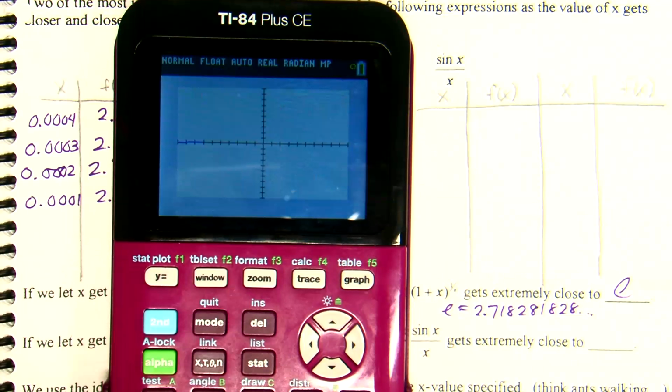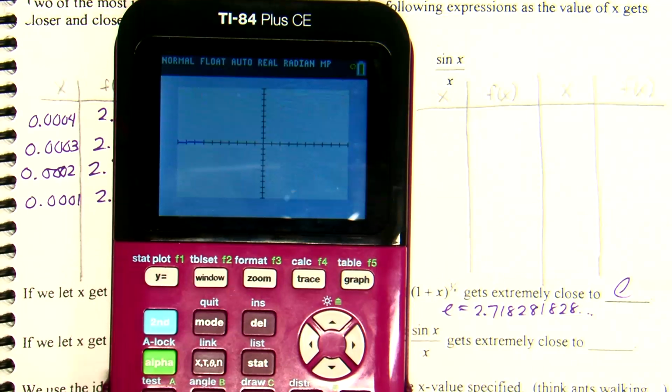And I think if I recall, yeah, this one kind of oscillates a little bit. As a random side note, in the menu you have a ZTrig. It's not always the best, but it does tend to work a little bit better with trig functions. In this case it zooms in, but you can also tell it's going through pi and 2 pi and things like that.